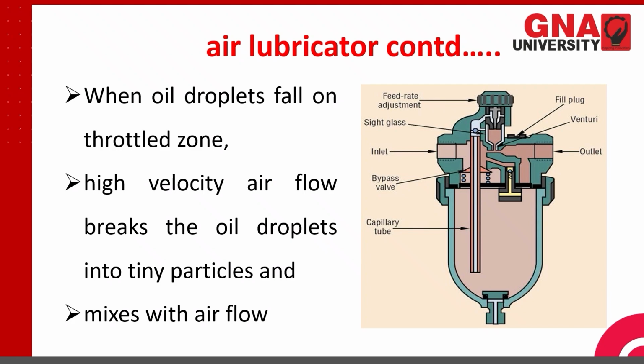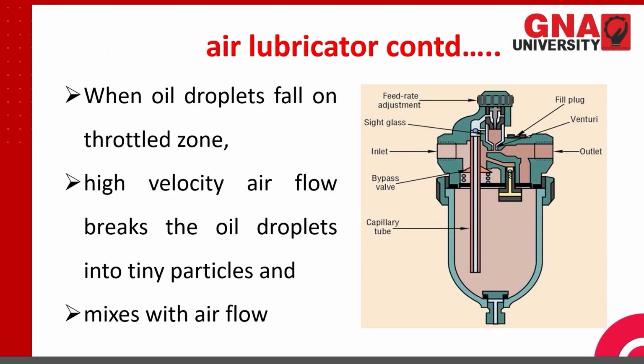Low pressure is generated here, and you see this tube that is put into the oil. This is the oil reservoir, and due to the low pressure, the oil will go into this area. Again, there is a throttle out, and due to this throttling, the liquid oil will be formed into a mist of oil.